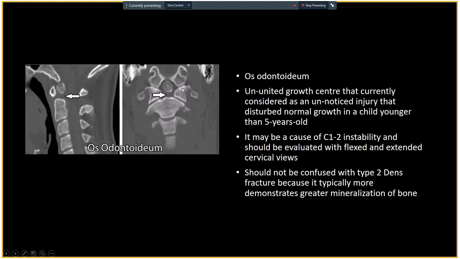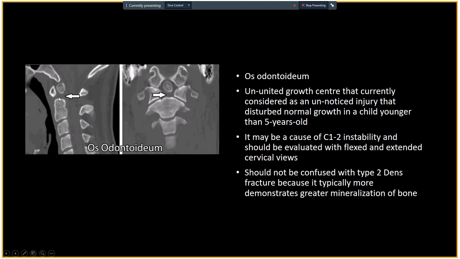It's another normal variant, and it's considered to be probably some sort of unnoticed, very early pediatric injury. In most cases it can be stable, but it can potentially be unstable. This patient should be evaluated with flexion and extension views. But the bottom line is it should not be confused with any sort of odontoid process fracture.